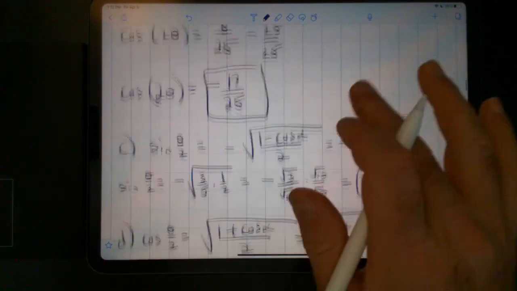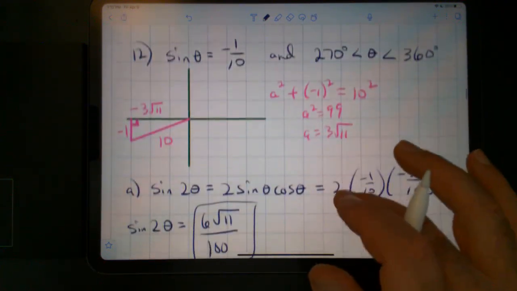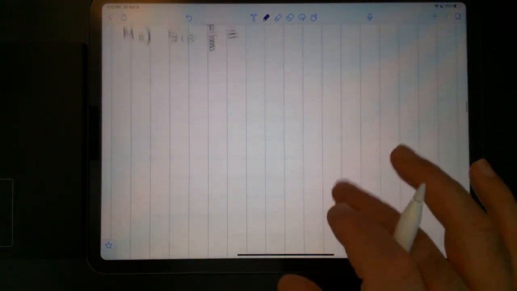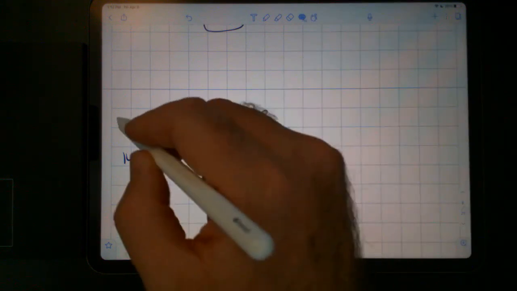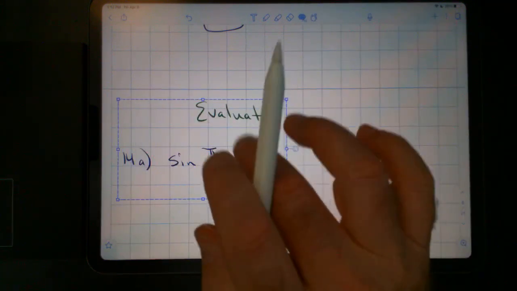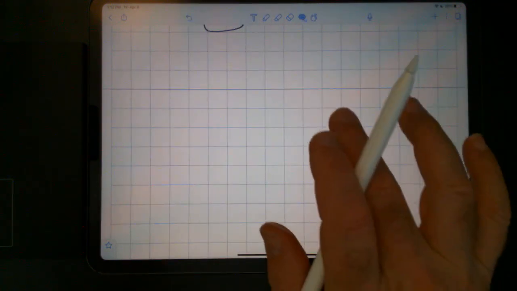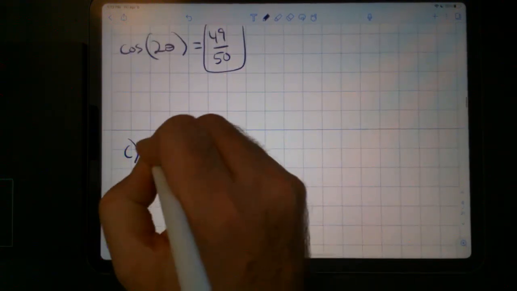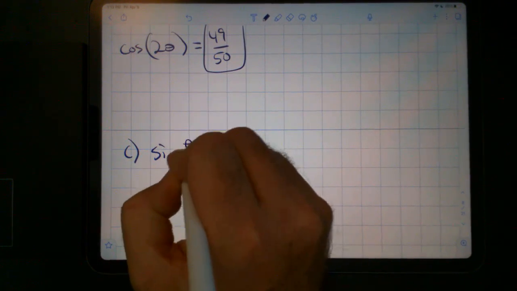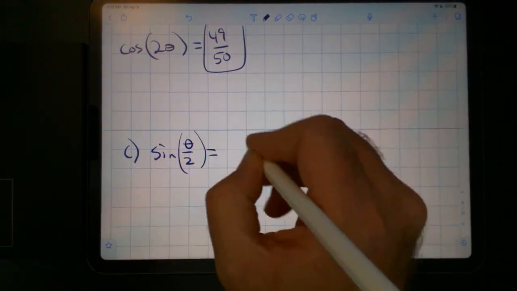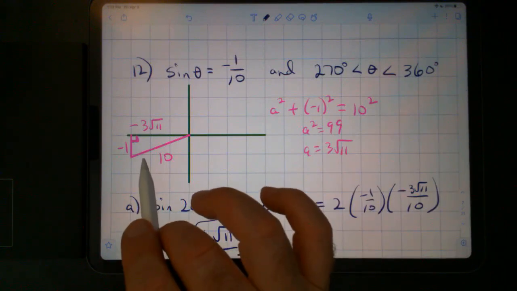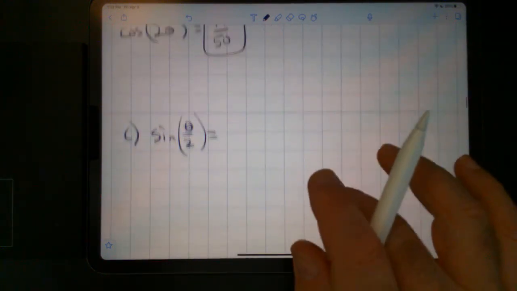Sine alpha over sine theta over 2. So sine is negative in this quadrant, so we will go with the negative value.